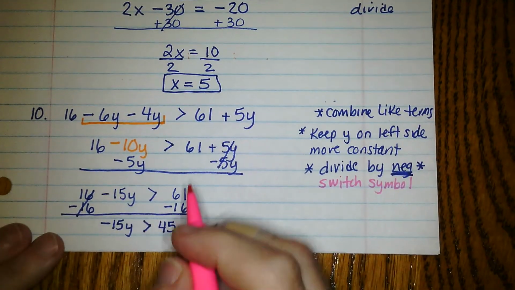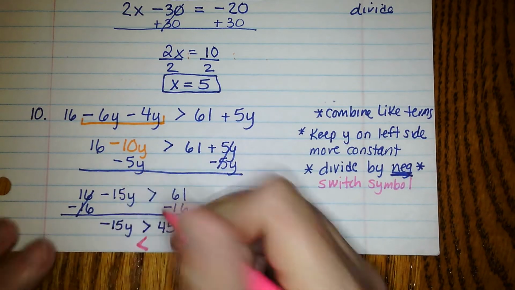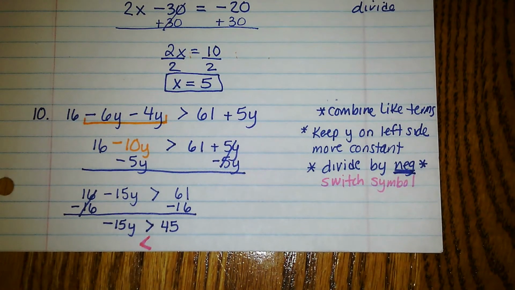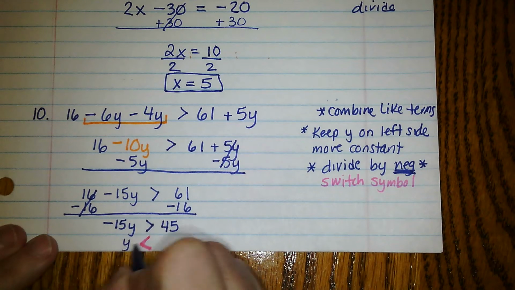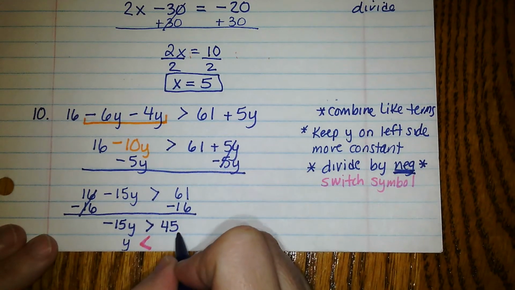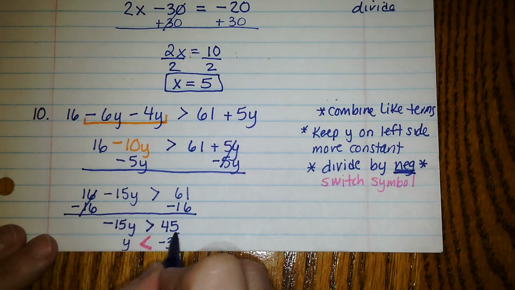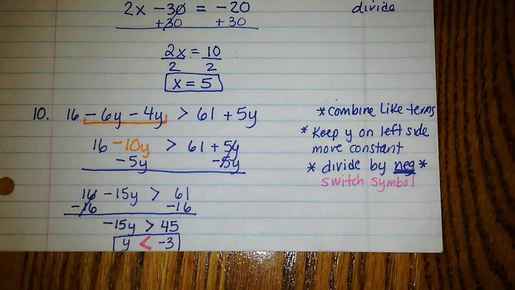So this bad boy is going to go in this direction. And when I divide both sides by negative 15, I'm going to get y is less than, and 45 divided by negative 15 is going to give me negative 3. So this is my inequality. That's my solution.